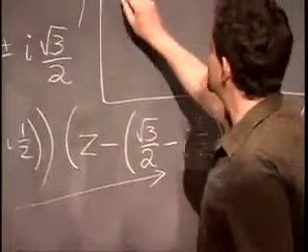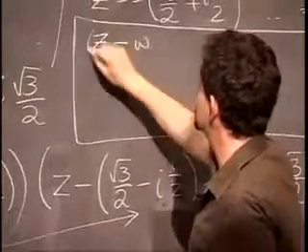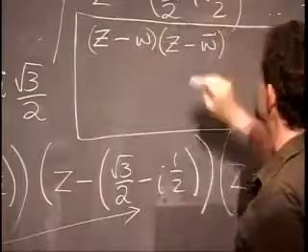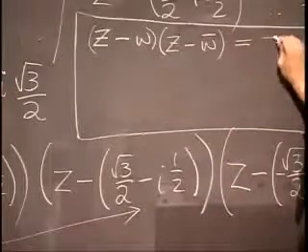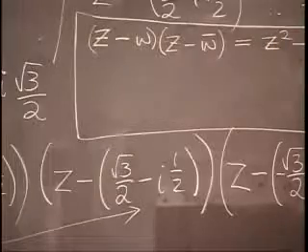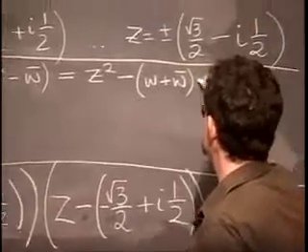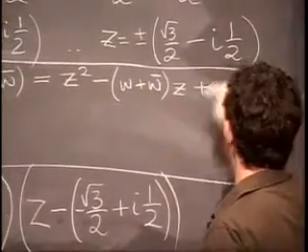In general, if I have z minus w and z minus the conjugate of w, I'm going to get z squared minus (w plus w bar) z plus w times w bar.